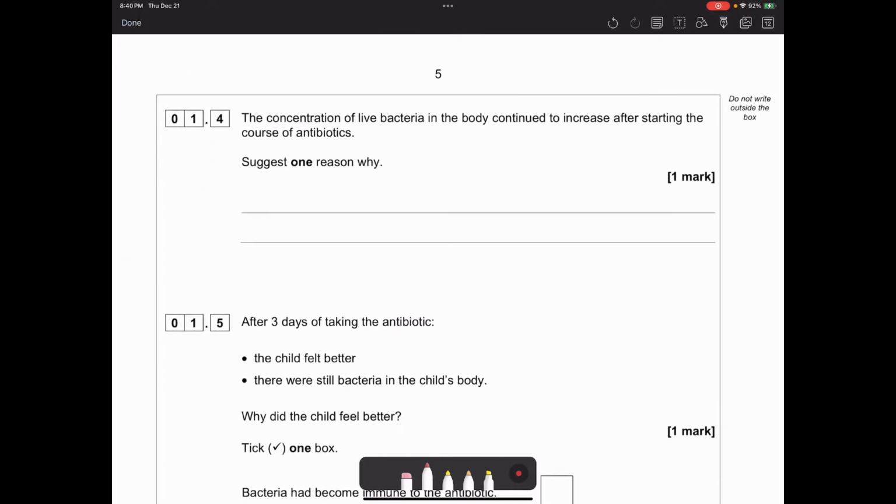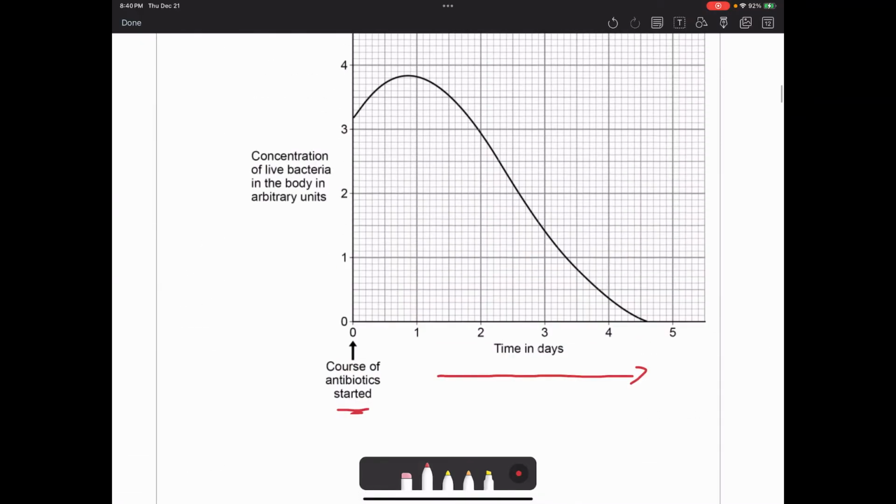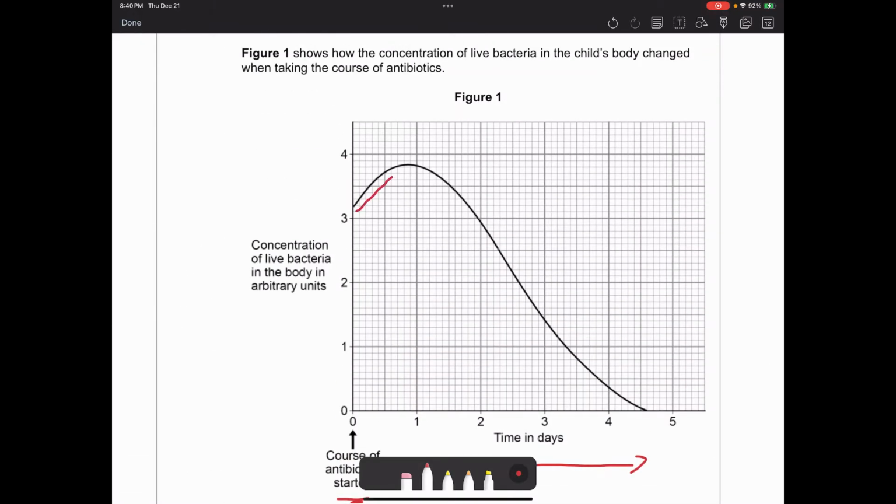The concentration of the live bacteria in the body continued to increase after starting the course of antibiotics. Suggest one reason why. So it's just a 1 mark suggest question. After I first start taking the antibiotics, why does the amount of bacteria actually continue to go up?